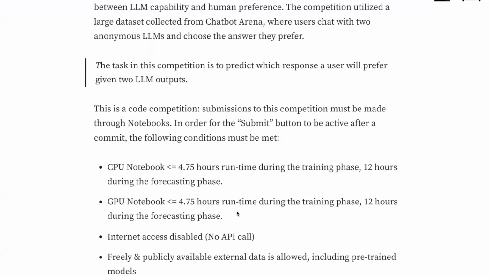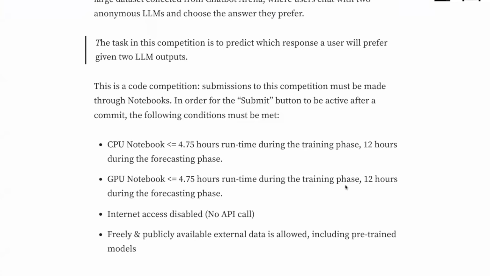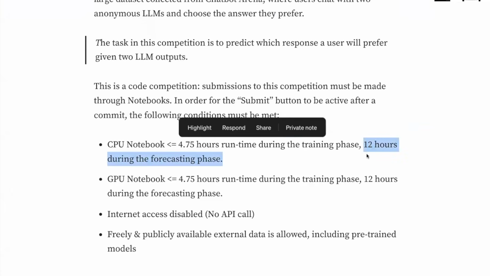There are computing resource constraints to keep the model reasonably small and to see the limit of a small model in modeling user preference.